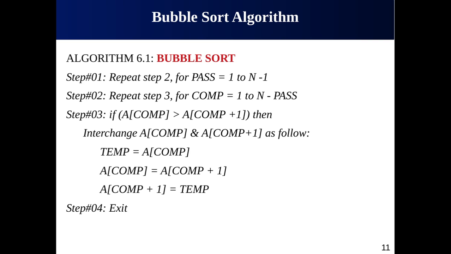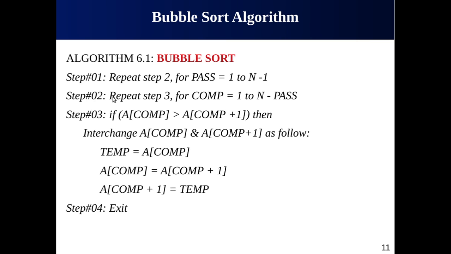But for doing that we need the help of a third variable, and that is temp. So first we assign a comp to temp, and then we assign a comp plus 1 to a comp. But when you do this, the previous value will be lost. But don't worry, because we have a copy in the temp variable, and then you have to assign the value of the temp variable to a comp plus 1, and that's the final step.